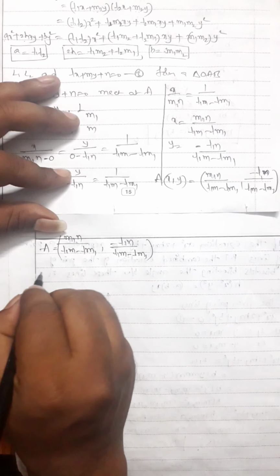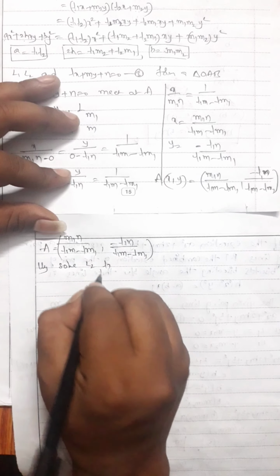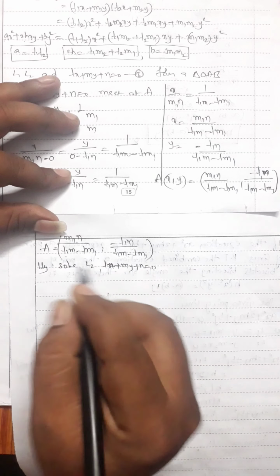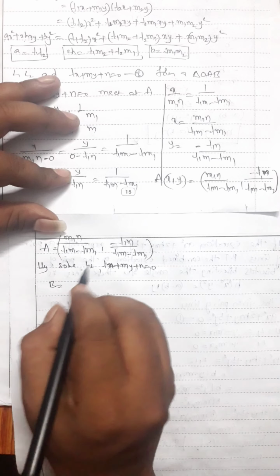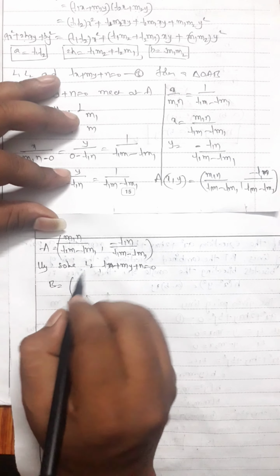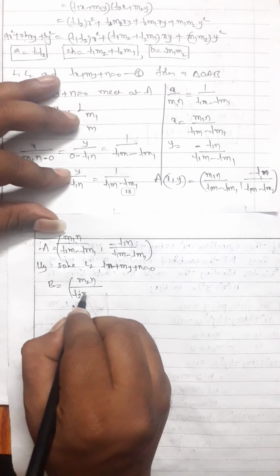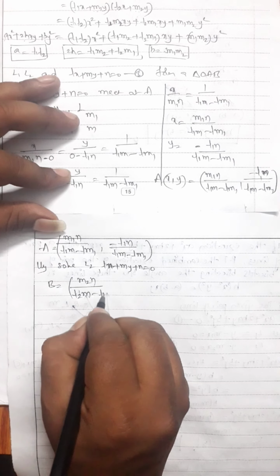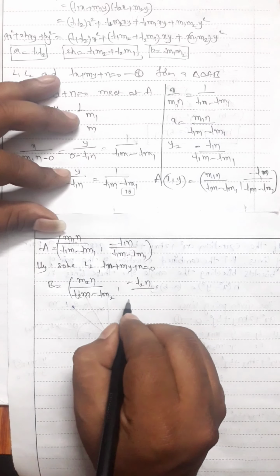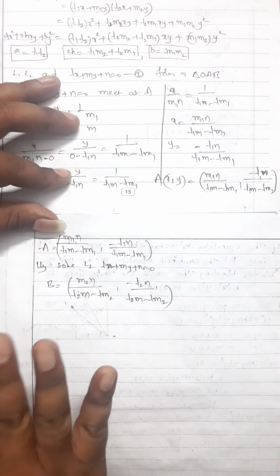This is the point A. Similarly, solve the L2 and Lx plus my plus n is equal to 0. Then we get the point B. Same here, we got m2 simply, and n by l2 m minus lm2 comma minus l2 n by l2 m minus lm2. This is the point B.